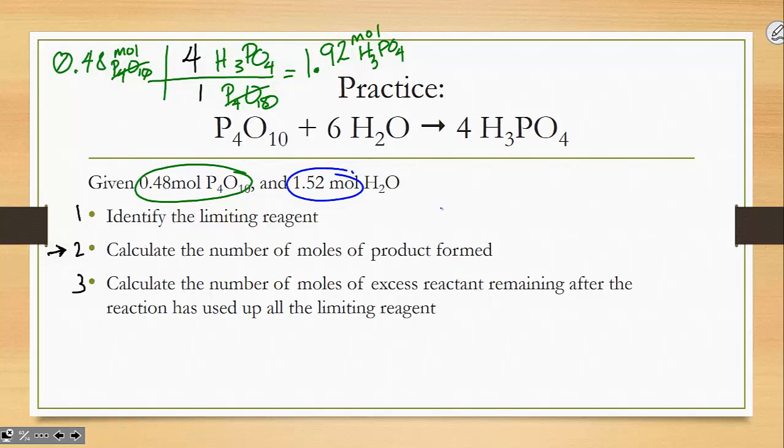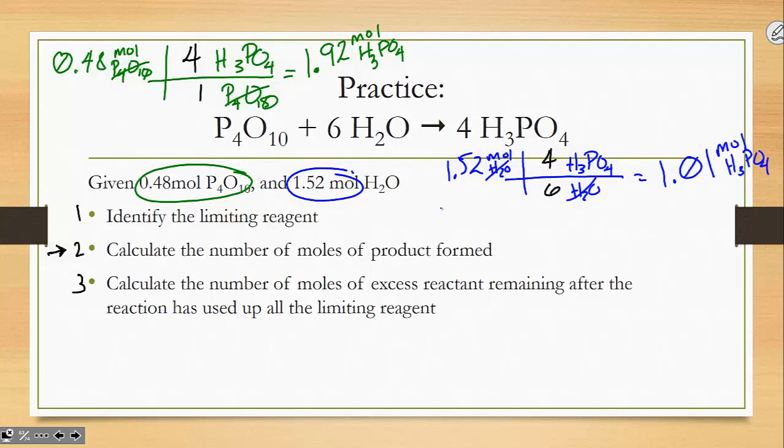We have to figure out how much the water could make. With 1.5 moles of water, we need to figure out how much phosphoric acid that is. So again, we'll use the balanced chemical equation, since we're in moles, to convert from water to phosphoric acid, which will make 1.01 moles of phosphoric acid.